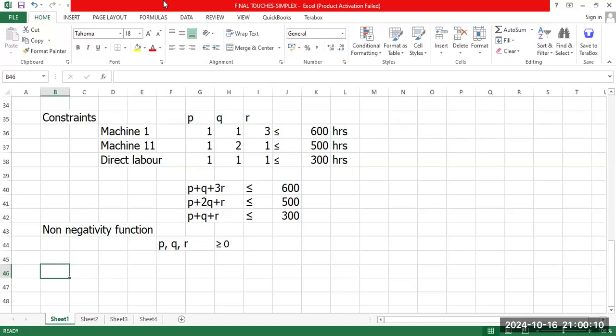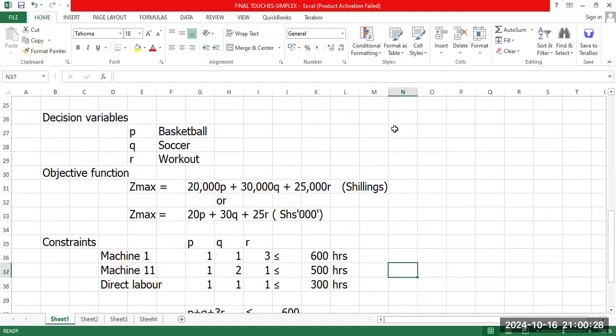Yes, please. I wanted to ask, there's something confusing me on the maximization. I thought our net profit would be multiplied by the number of pairs. Like for the basketball, we get the 20,000 times the 200. Or maybe we are maximizing per pair. Something is confusing you.